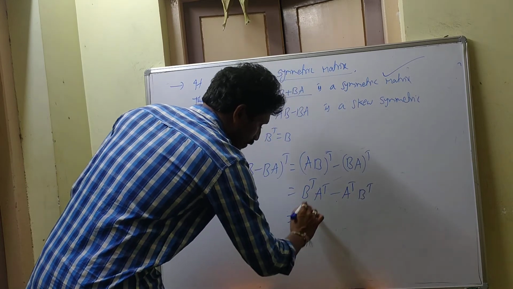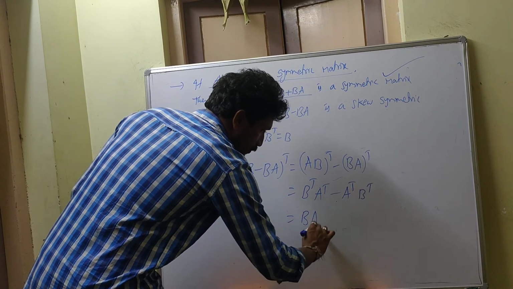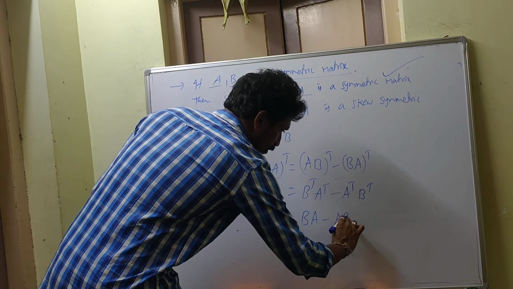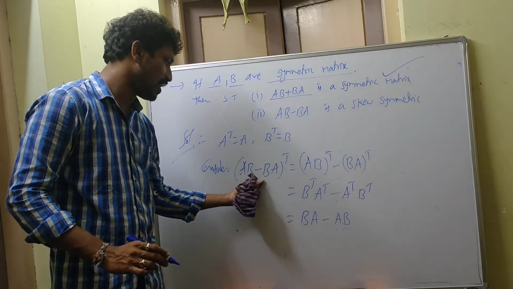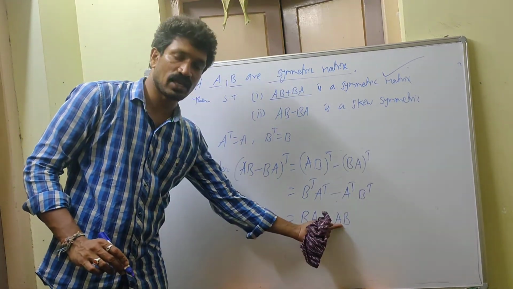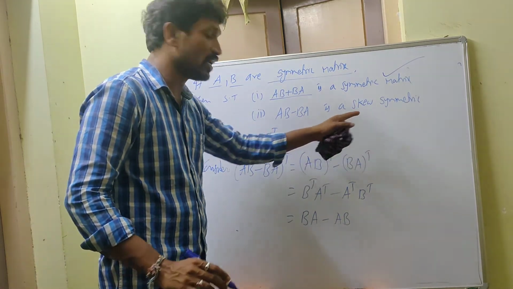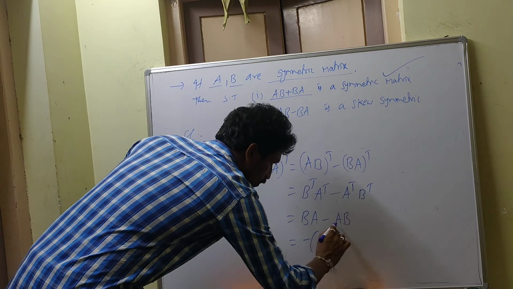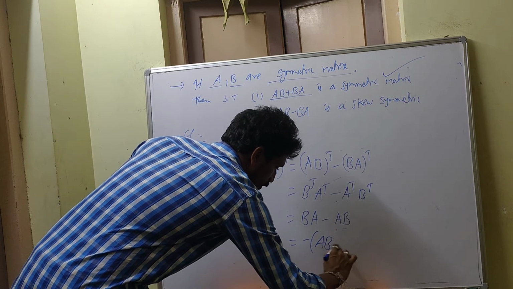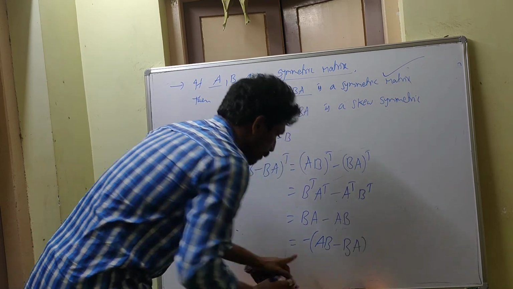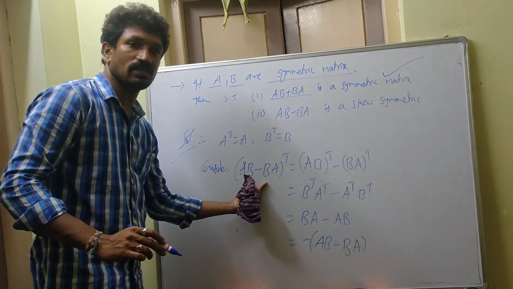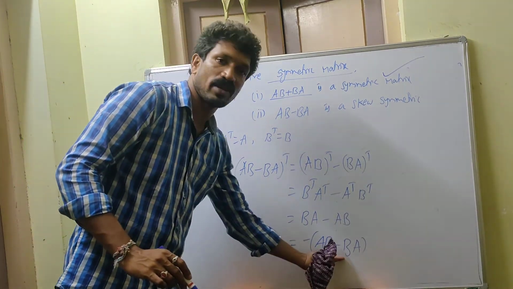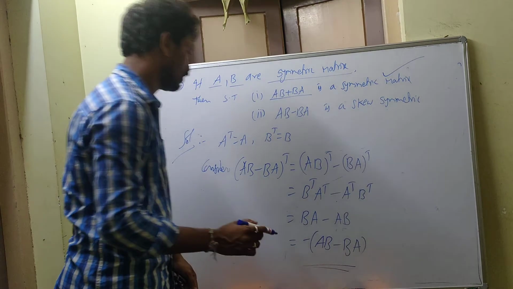B transpose means B, A transpose means A. So AB minus BA whole transpose is equal to BA minus AB. To say skew symmetric, if you take minus of AB minus BA, minus becomes plus, plus becomes minus, and you get BA minus AB. So AB minus BA whole transpose is nothing but minus of AB minus BA. So it is a skew symmetric matrix.